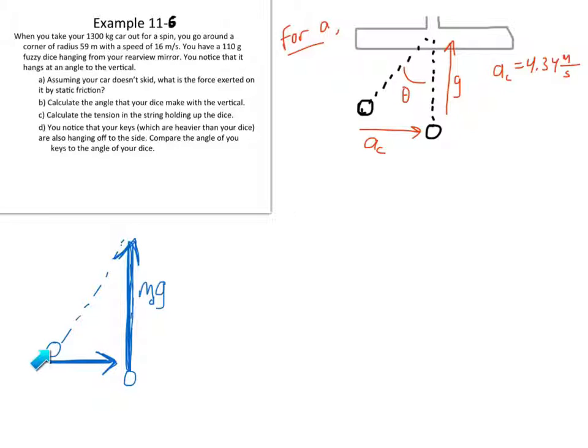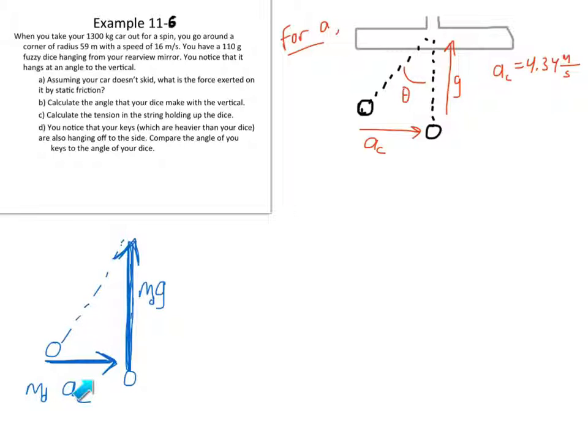So what we should have done is take this force. First of all, the acceleration in the horizontal is what? The centripetal acceleration, right? So the force would be the mass of the dice times the centripetal acceleration. That's the force that is created on the dice horizontally as a result of this acceleration.